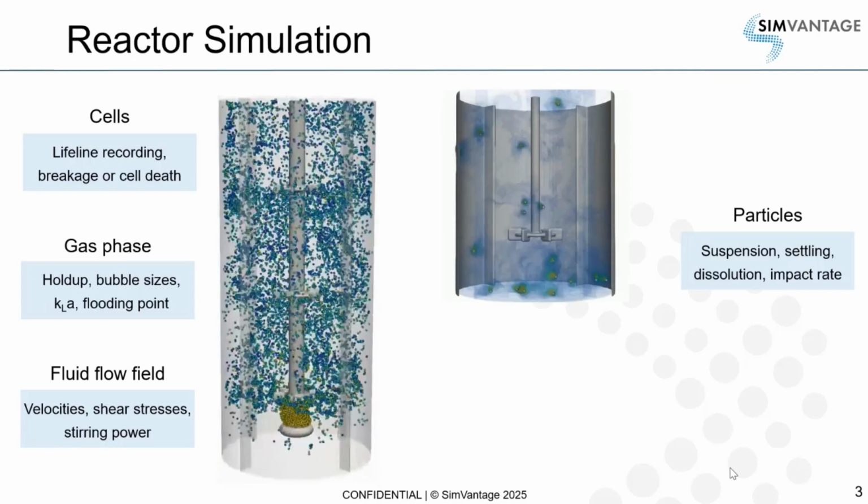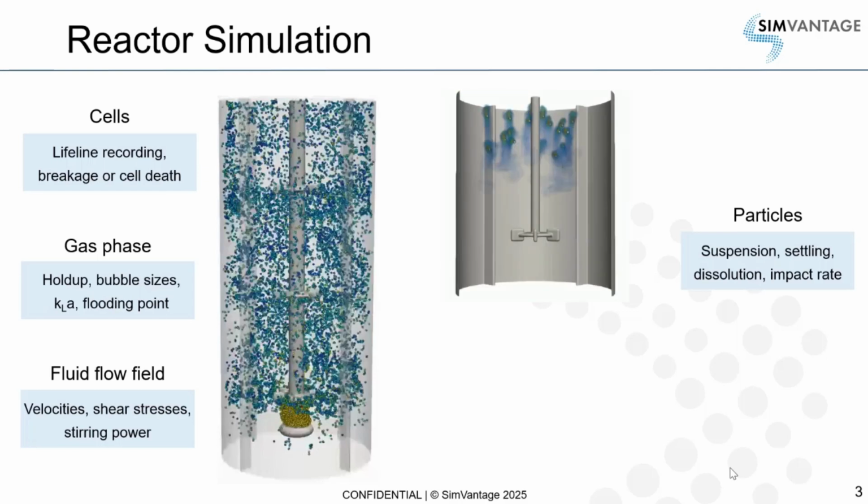We can also introduce particles that are affected by gravity into the simulation and then calculate suspension, settling, and just-suspended spindle speed. The particles can also dissolve, as you see here in this picture, until they disappear.